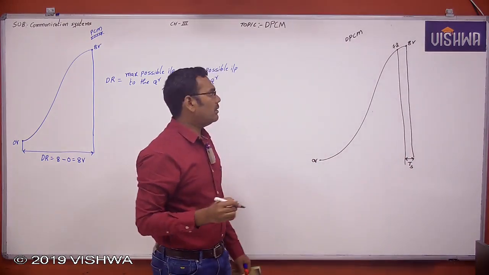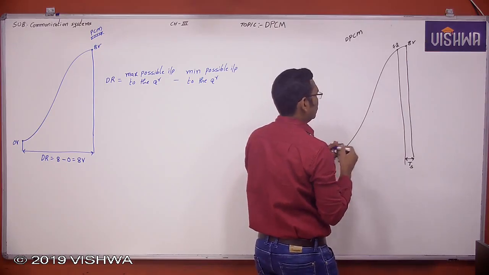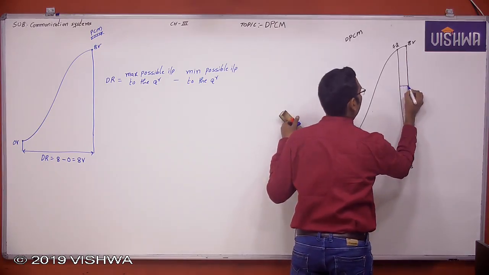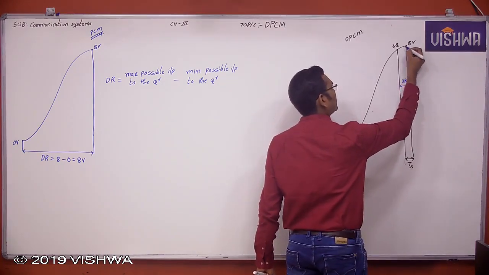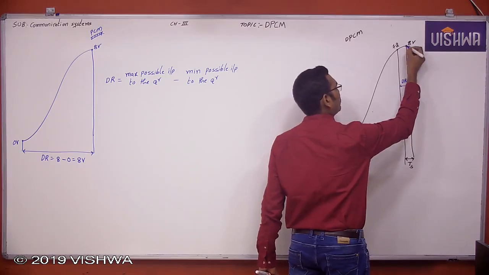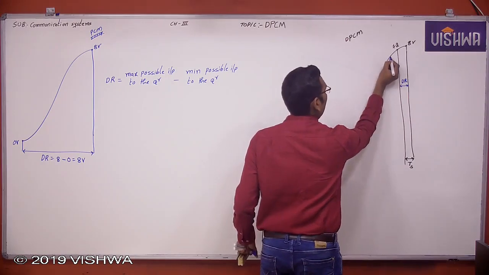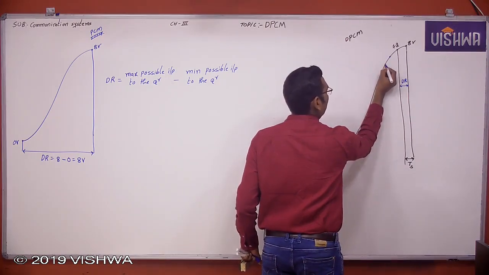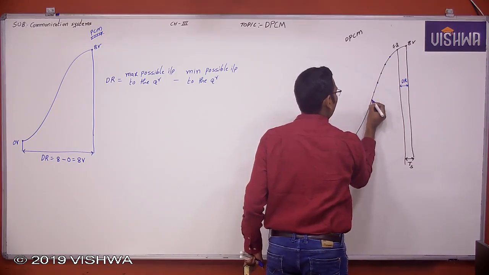So here this is the dynamic range, dr. This is one possible input to the quantizer and this is another possible input, just with a delay of Ts seconds.